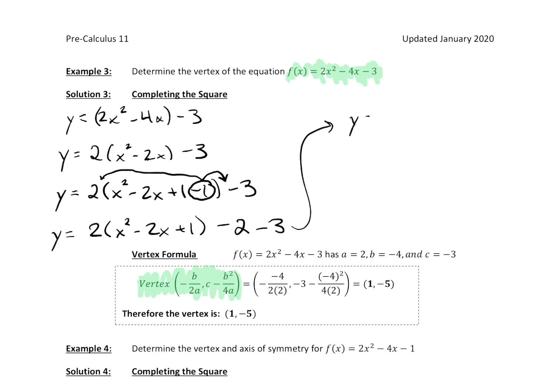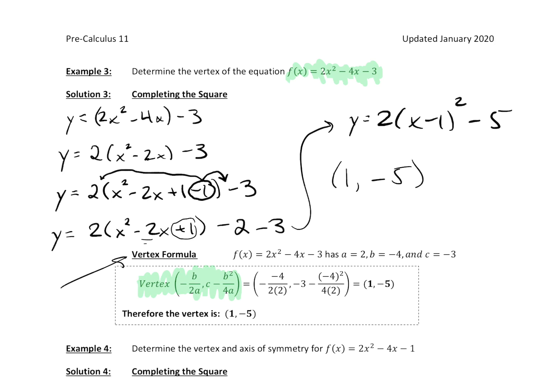Now we have a perfect square trinomial. So you've got negative 2 and plus 1. You're looking for two numbers that multiply to a positive 1 and add to a negative 2, and it's just negative 1 and negative 1. That was the goal. So x minus 1 squared, and then minus 5. Boom, we have converted into vertex form. We have a vertex of 1 comma negative 5.